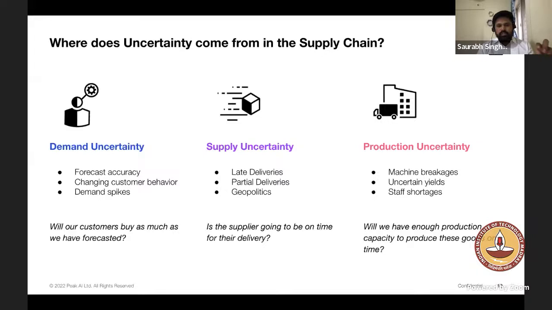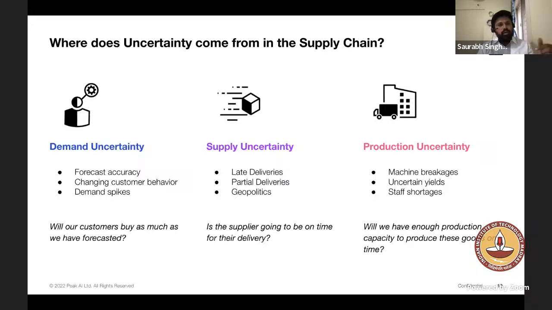So essentially supply uncertainty is that it can be late deliveries of your required raw material or partial delivery. It can be some other reasons like geopolitics. For example, recently because of this Ukraine-Russia conflict, things which have to be coming from that part of the world might not be coming in on time, or overall supplies are being affected.